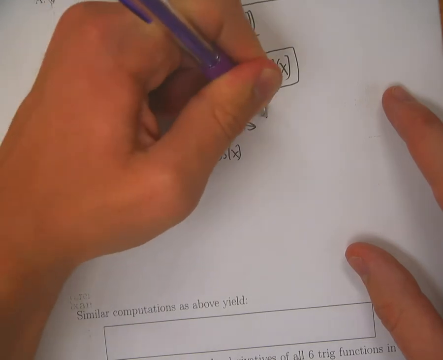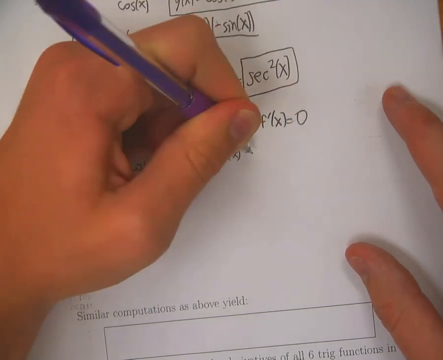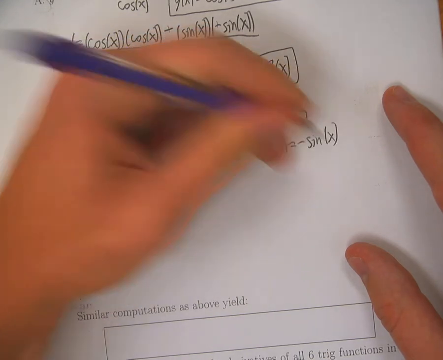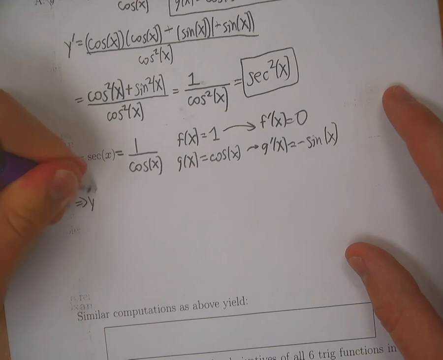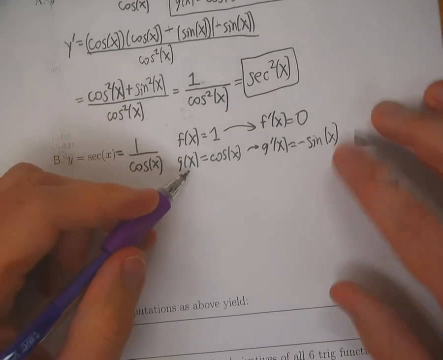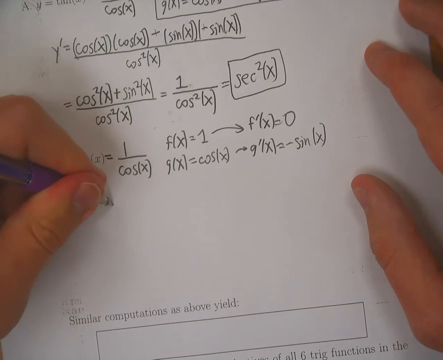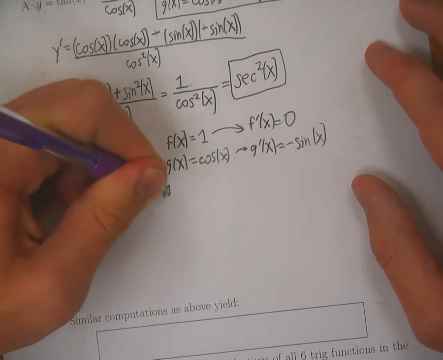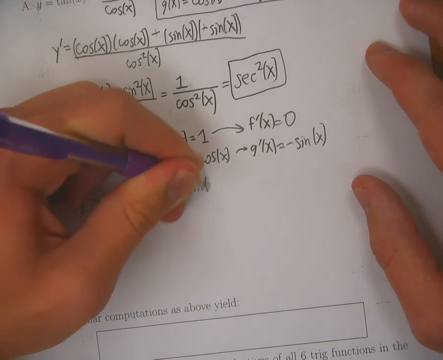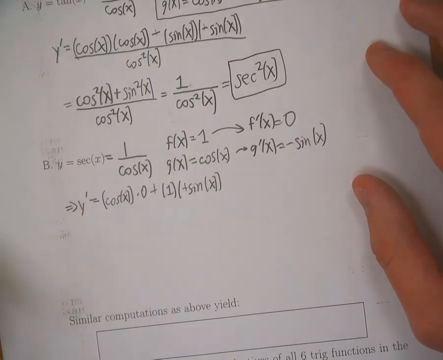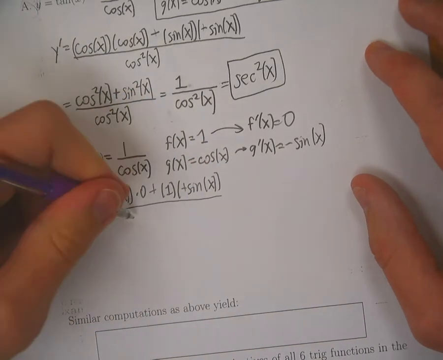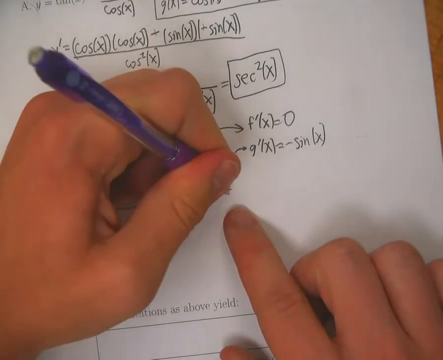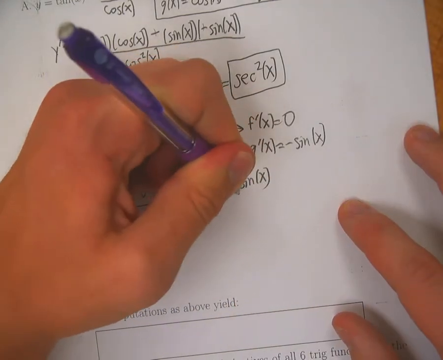So basically, f of x equals 1, g of x equals cosine. In this case, f prime of x becomes 0 because it's a constant. G prime of x becomes negative sine. So y prime is equal to g times f prime, so cosine of x times 0, minus high d low, so 1 times negative sine of x, all over cosine squared. As you said, this just becomes sine of x over cosine squared.